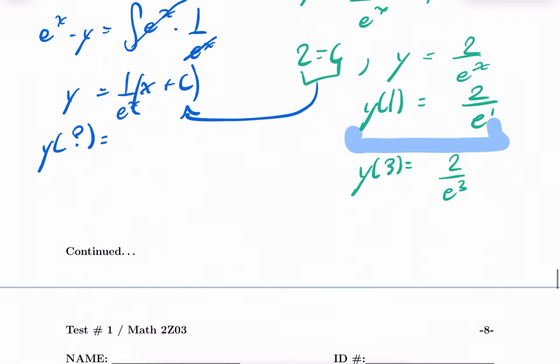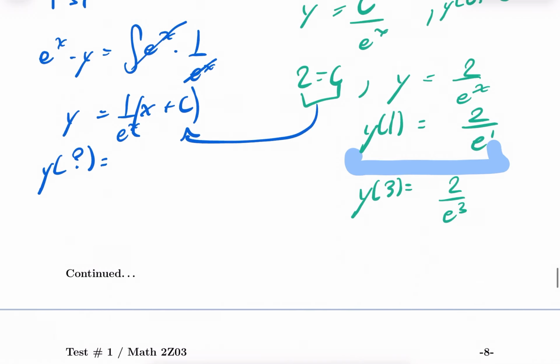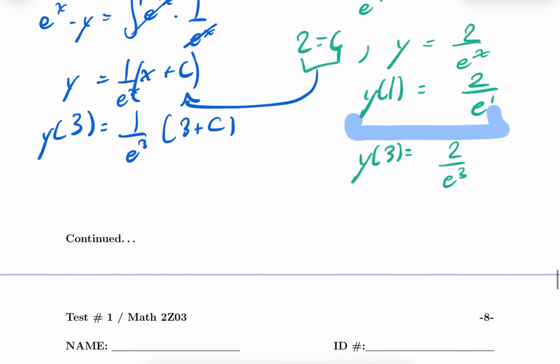So now, I'm going to do y at 3 equals, oops, okay. So then I'll get 1 over e to the 3 times 3 plus c, okay? This equals 2 over e to the 3, equals 1 over e to the 3 times 3 plus c.